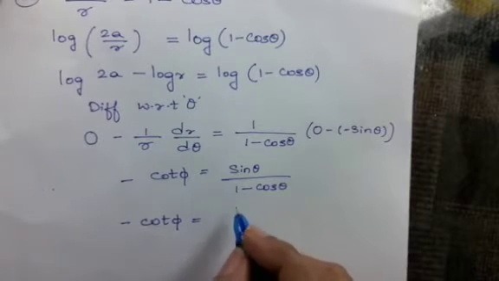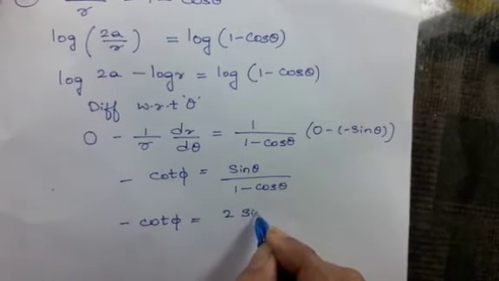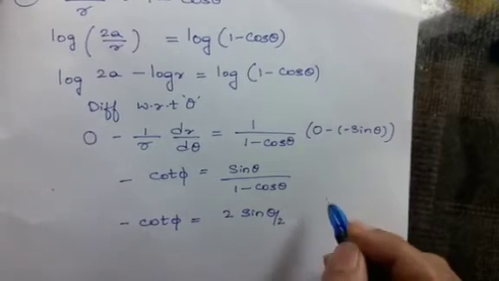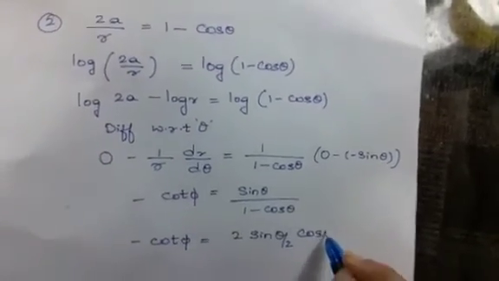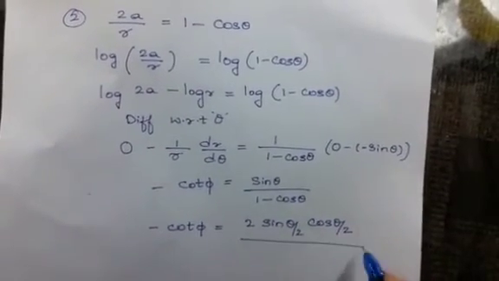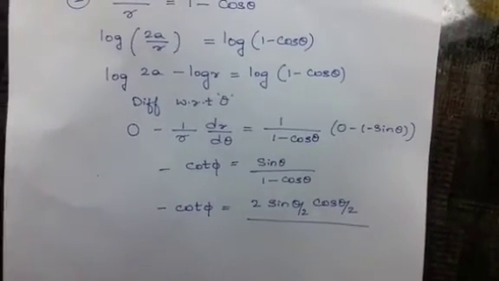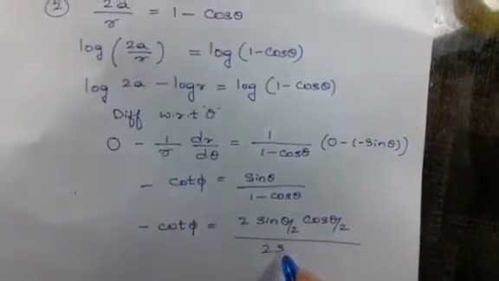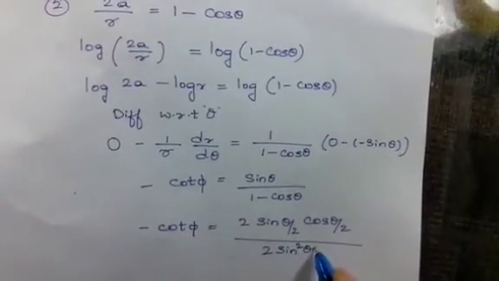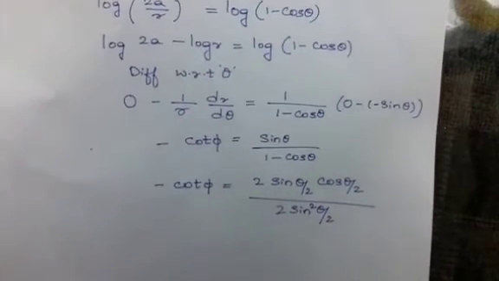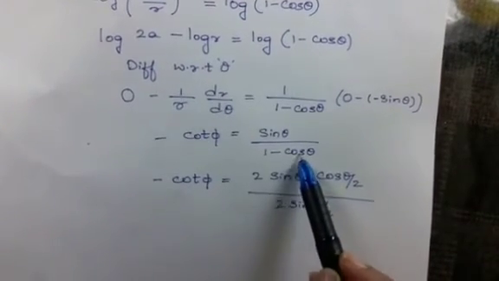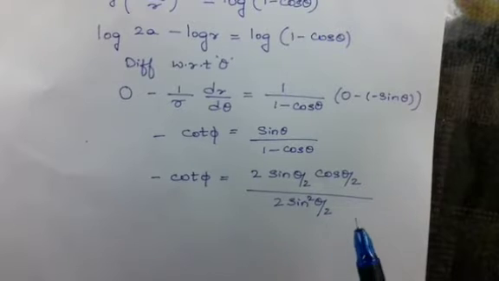What is sin theta? It is 2 sin theta by 2 cos theta by 2, divided by 1 minus cos theta, which is 2 sin square theta by 2. Okay, 1 plus cos theta is 2 cos square theta by 2, and 1 minus cos theta is 2 sin square theta by 2.